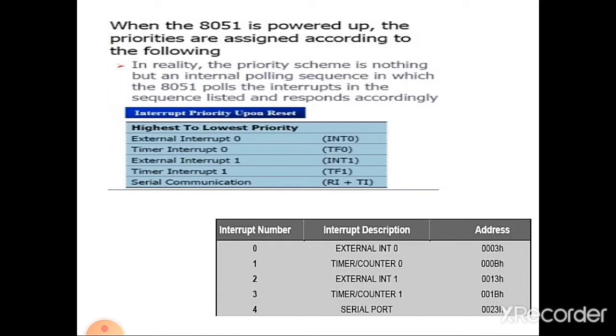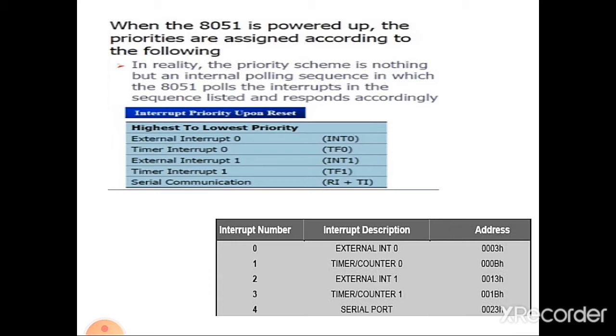When the 8051 is powered up, the priorities are assigned as follows. In reality, the priority scheme is nothing but an internal polling scheme, the sequence in which the 8051 polls the interrupts.